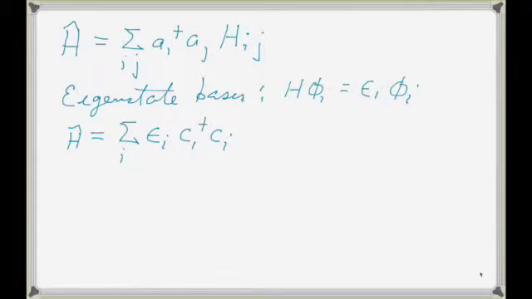This c_i dagger c_i is just a number operator telling you whether there's a particle in state i or not. So you're just weighting each eigenenergy by whether there's a particle there, a 1 or a 0. And then if you were to do your statistical average, this c_i dagger c_i would become a Fermi factor.